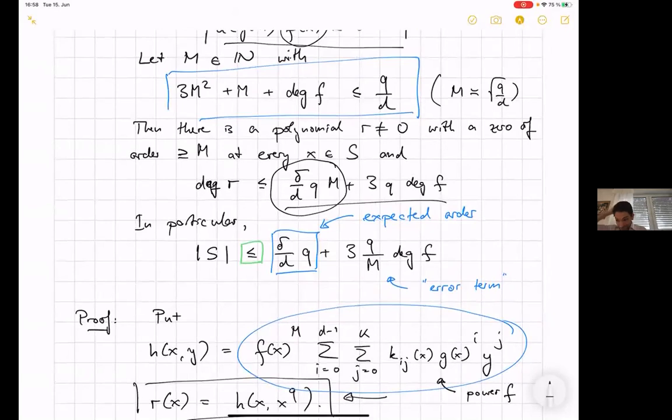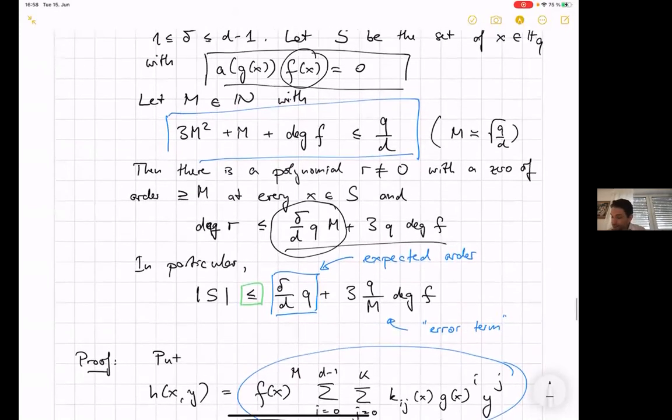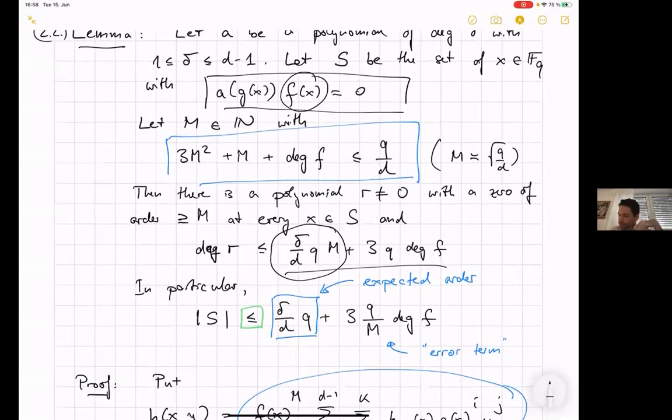Right. I guess what I'm saying is conceptually, a polynomial of low degree can't have many roots, right? And so that's some sort of counting of the number of degrees of freedom. If you want a polynomial with lots of roots, you have to have a higher degree so that there are enough coefficients.